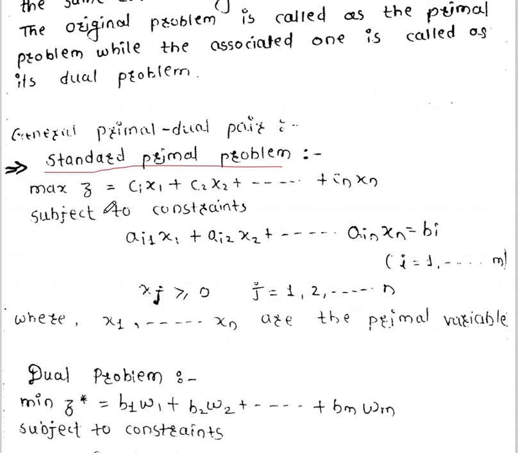Maximum z equal to c1 x1 plus c2 x2 and so on plus cn xn, subject to the constraints ai1 x1 plus ai2 x2 and so on plus ain xn equal to bi, i equal to 1 to m, xj greater than or equal to 0, j equal to 1 to n, where x1, x2, xn are the primal variables. Okay, so this is the standard form of the primal problem.